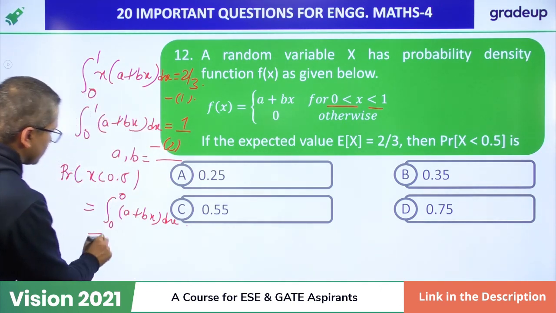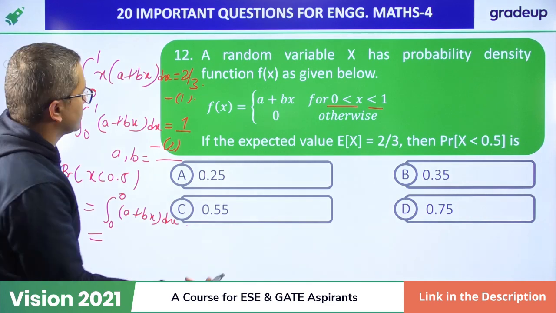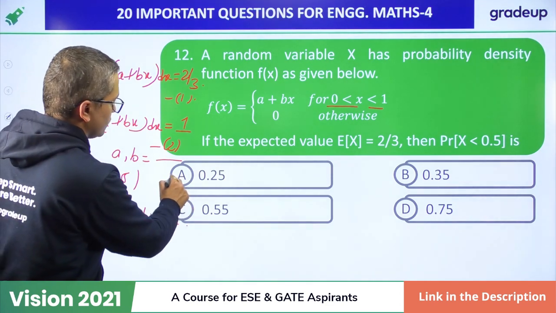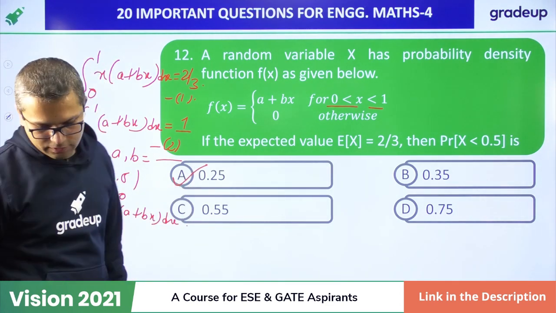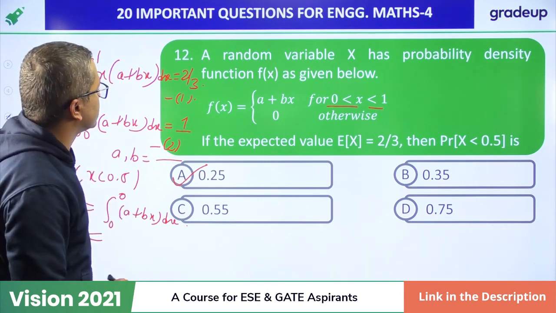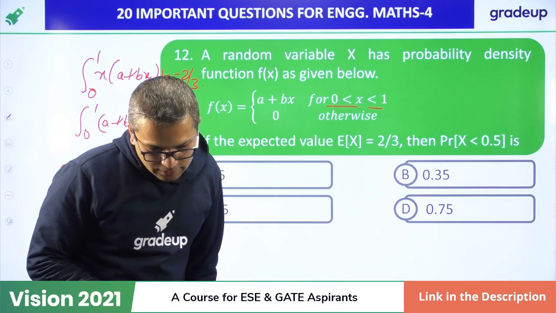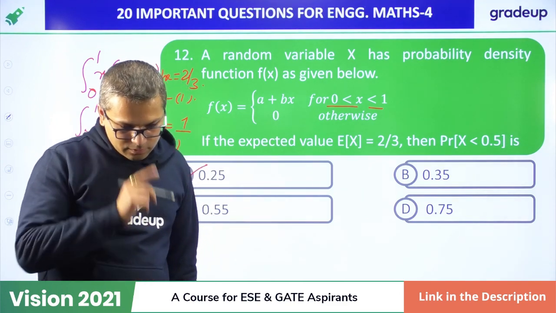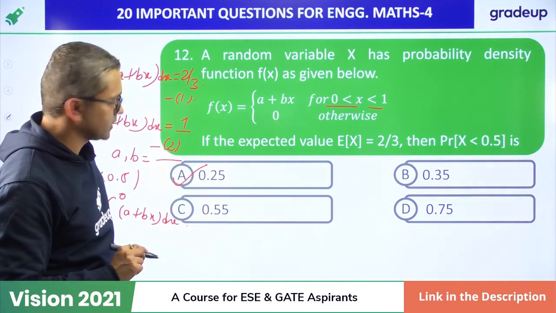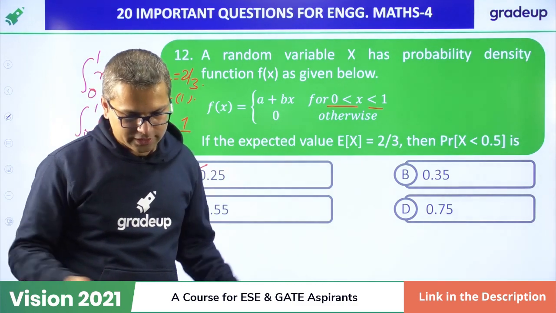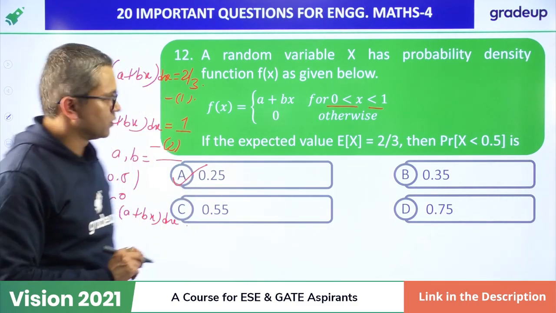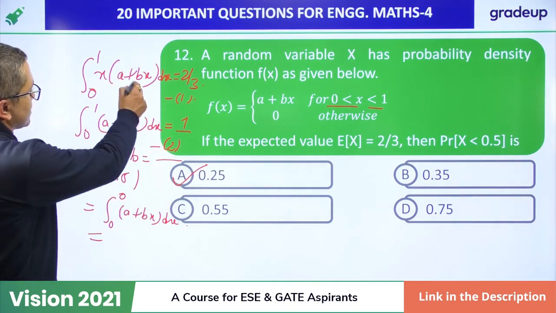Now if you solve this, I think you'll get 0.25. Yes, A is the option here. Solving the two variables, A equal to 0 and B equal to 2, if you are getting that, yes, good.